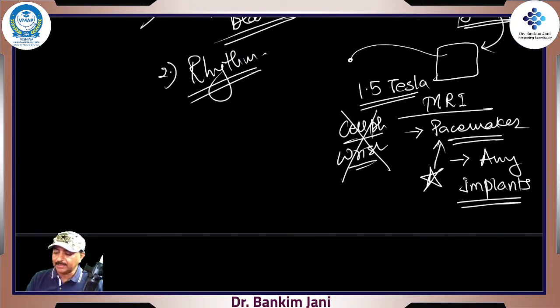That's why subjects who have a pacemaker or implants should not and will not be taken for MRI. For them, only the CT scan, because in CT scan radiation is used, and radiation has nothing to do with pacemakers or implants. That's fine for them.